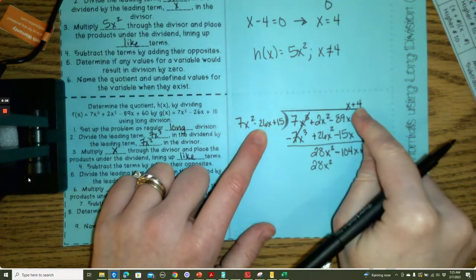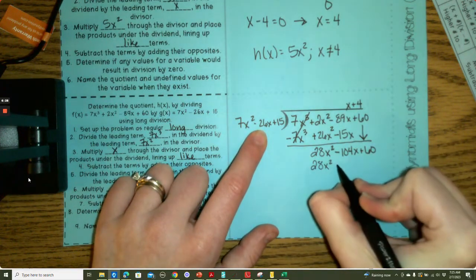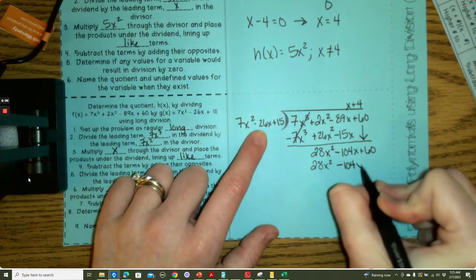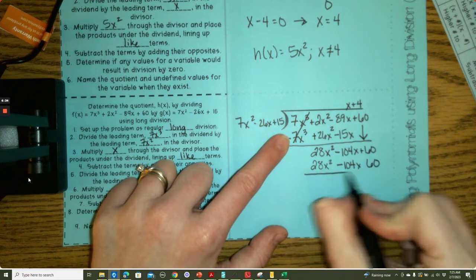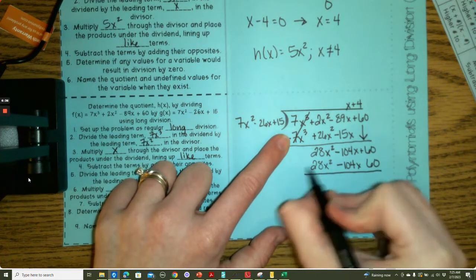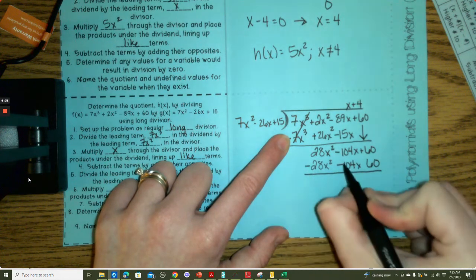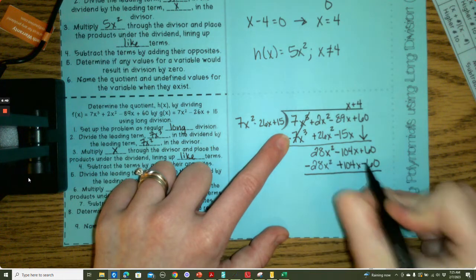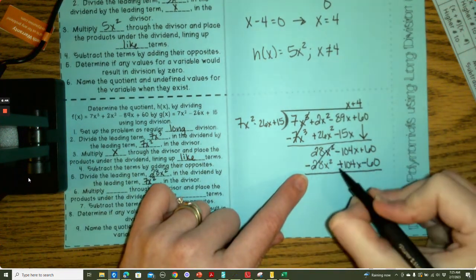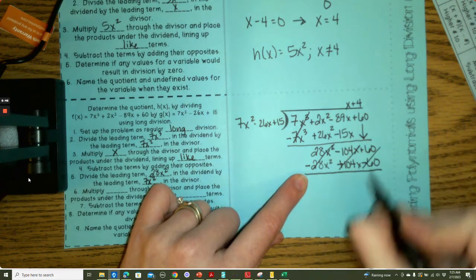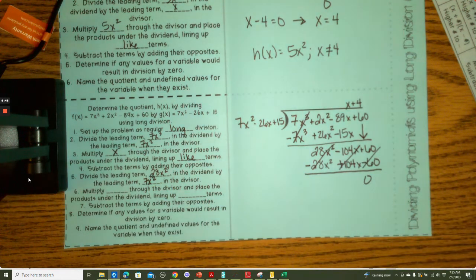Negative 26 times 4 is a negative 104x. 15 times 4 is a 60. Subtract by changing the signs. So this becomes negative, this becomes positive, this becomes negative. And in this case, you can see everything are opposites, so they all cancel and leave me with a 0.